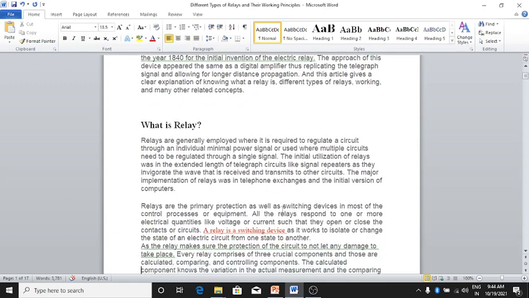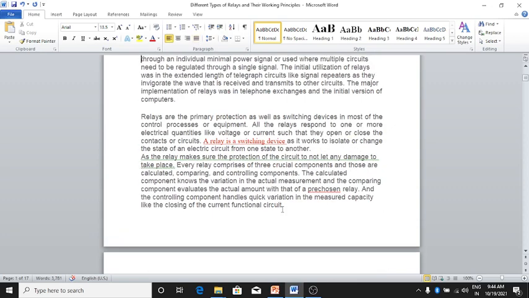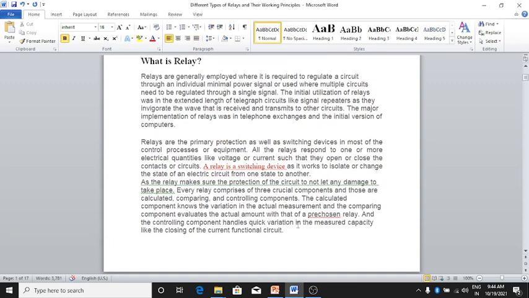Relays are generally employed where it is required to regulate a circuit through an individual minimal power signal, or where multiple circuits need to be regulated through a single signal.